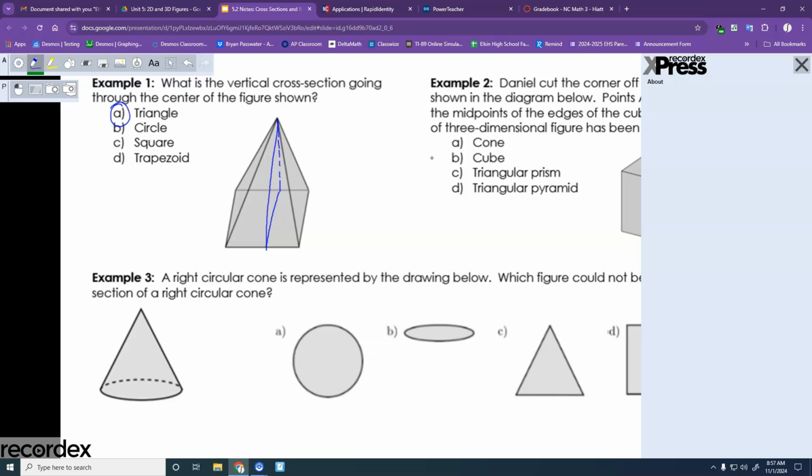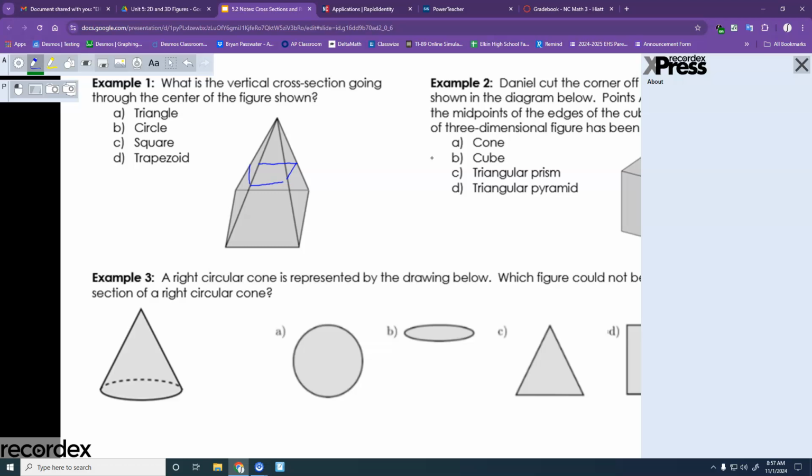Question for you on that one. What if they had asked you to cut it horizontally? I believe this is a square, like a rectangular pyramid. If you cut parallel to the base, I think this is always true: it's always the same shape as the base, right?